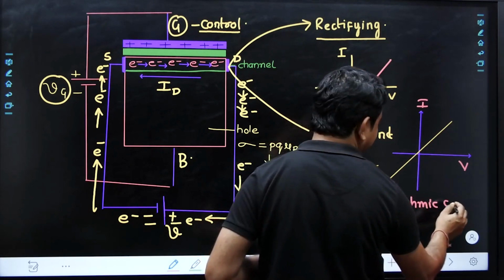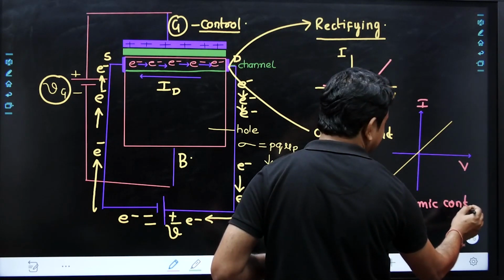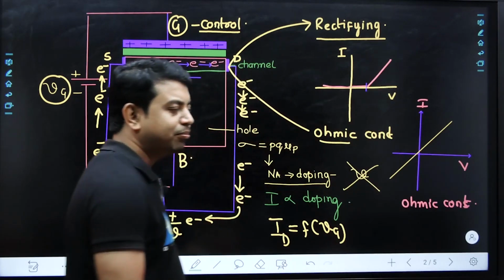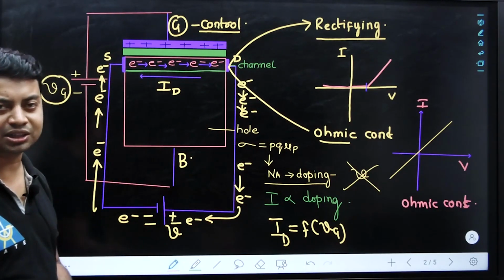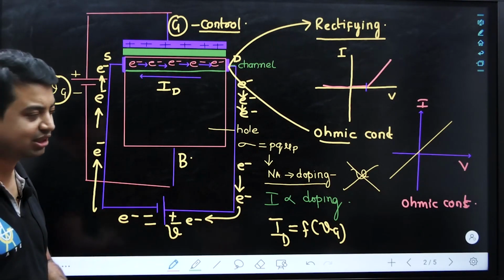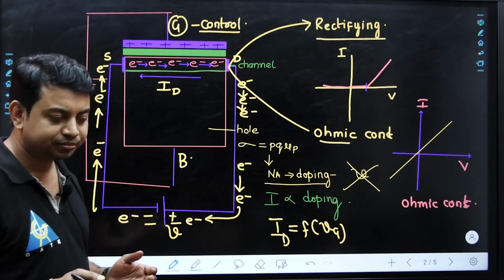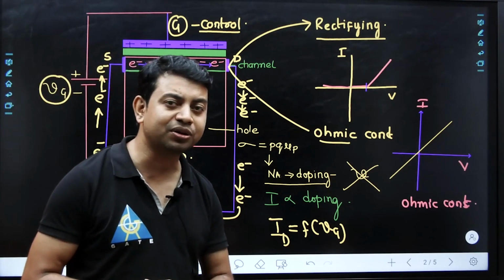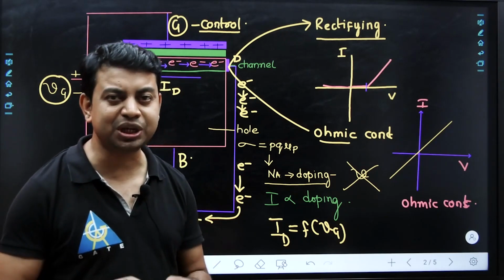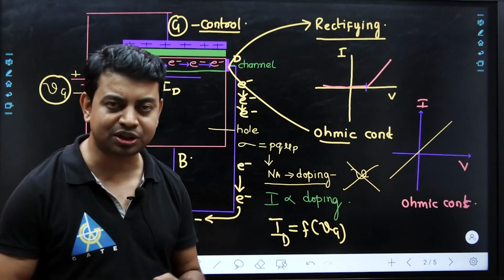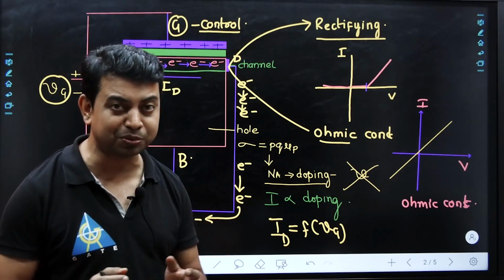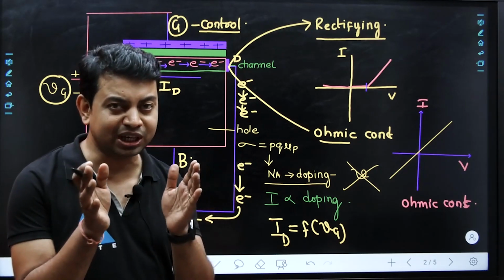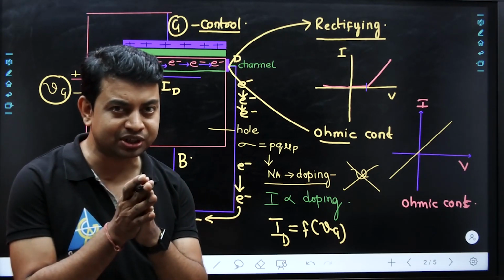So how to get an ohmic contact? Simply, we can get an ohmic contact by taking the semiconductor side heavily doped. We know that in a PN junction diode, if the doping is less, we are having a large depletion region. If the doping is more on both sides, we are having a very small depletion region.